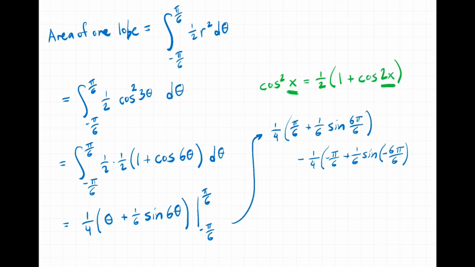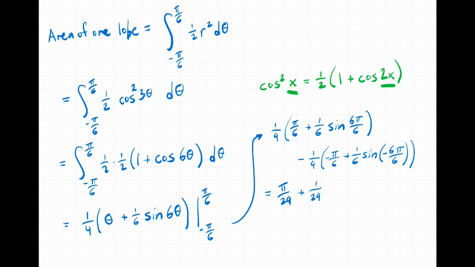I'm plugging negative pi over 6 in for theta, but I've got a 6 theta there. Close that parenthesis. And we'll just work this out. So let's see. I've got a 1/4 times pi over 6. That's going to be pi over 24 plus 1/24 times the sine of 6 pi over 6.